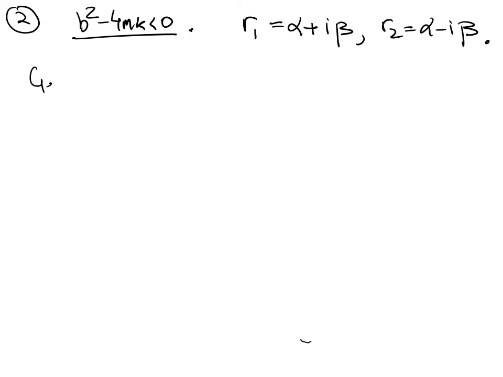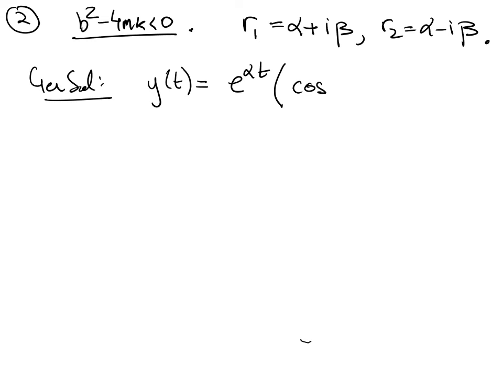But what does the general solution look like, or if you were to graph the solution, what would it look like? Well, y of t is e to the alpha t times C1 cosine beta t plus C2 sine beta t.